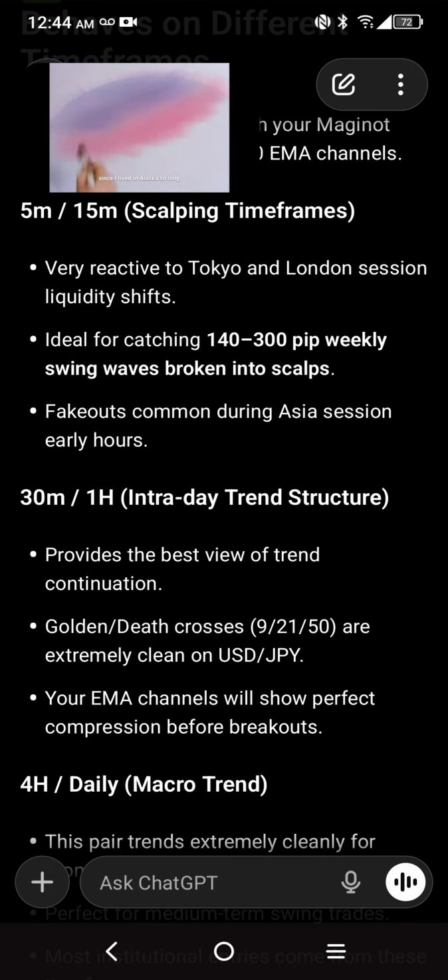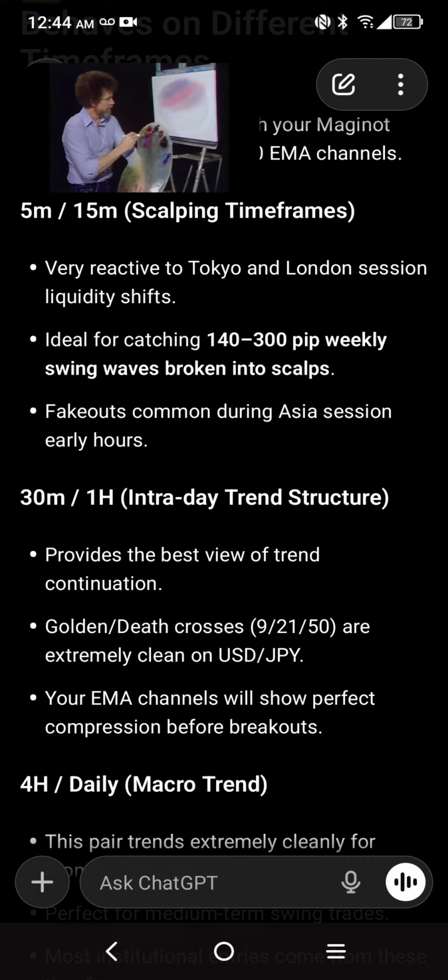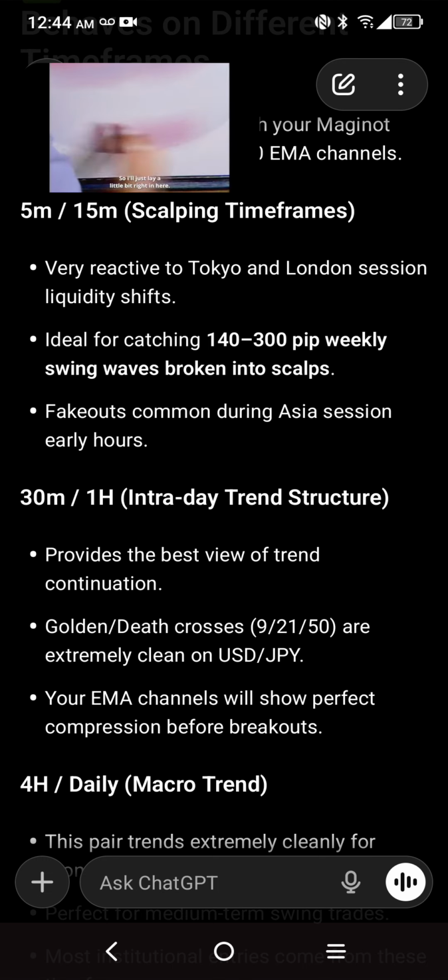So, okay, what these bullet points are talking about provides the best view of trend continuation, of course, on your 30-minute and 1 hour, golden and death crosses. The exponential moving averages, the EMAs that I use are 9, 21, 50, and are extremely clean on US yen, extremely clean.